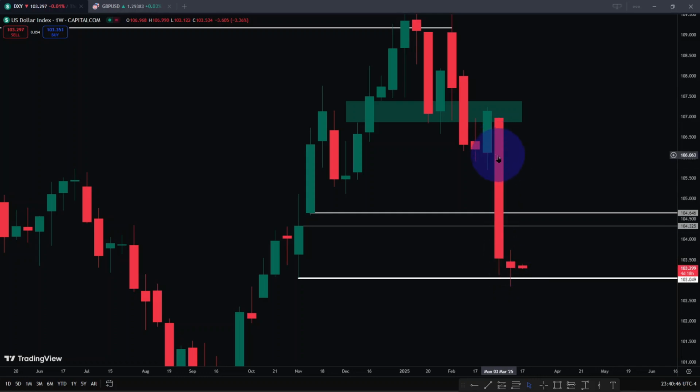Because this doesn't happen every now and then. And of course, we have the monthly sell side objective, which is the monthly fair value gap here. So one of the things I talked about is, we could see the market return into the previous weekly low, sell side, and possibly return back into the range where I was eyeballing this level.